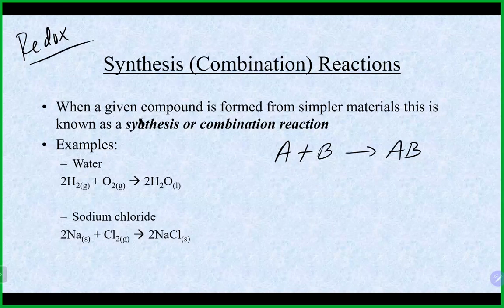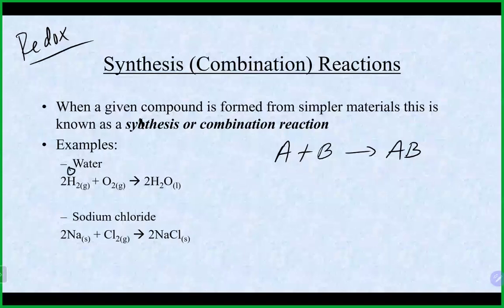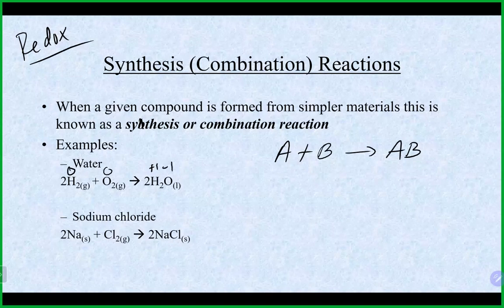Sodium and chlorine making sodium chloride. Two things make one thing, combination or synthesis reaction. Each of those can also still be classified as redox reactions. As hydrogen is 0 here, oxygen is 0. Hydrogen is +1 and oxygen is -2. So in this particular case, hydrogen is going from 0 to +1, becoming more positive, and it is actually being oxidized.